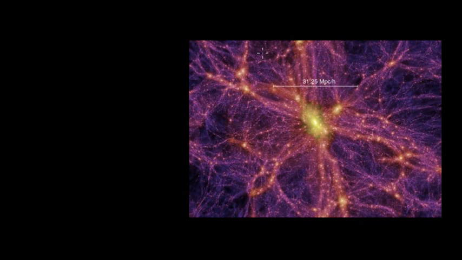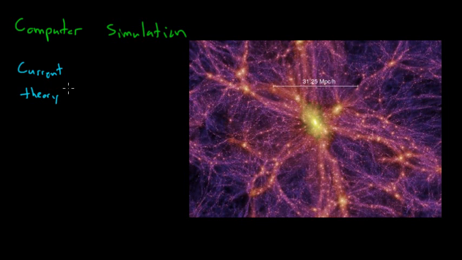But when we use these computer simulations, we have to be very careful, because what the computer simulation essentially does is you start with your current theory, which you may not be sure on all of the details of.